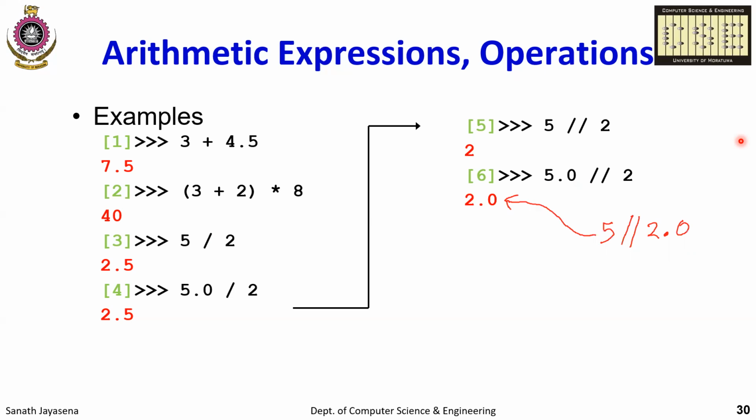When one of the operands is a floating point number, the overall operation will be a floating point operation, and the result is shown as a floating point number. You can also have 5.0//2.0. This also gives the same result. You can try these things yourself. All right.